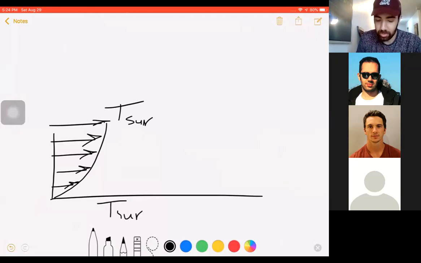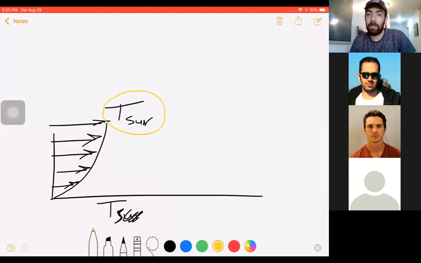So we should choose this temperature when we are substituting it in our equation.